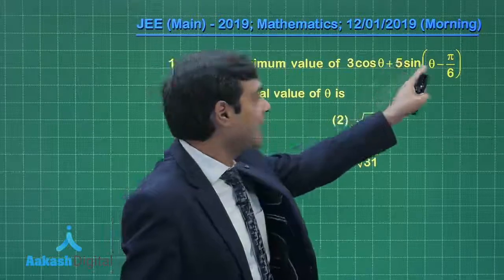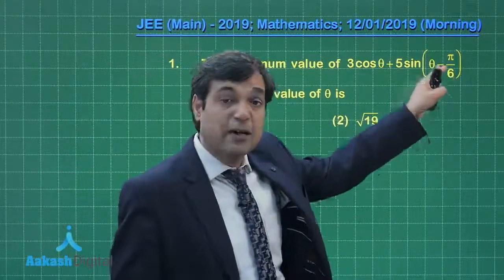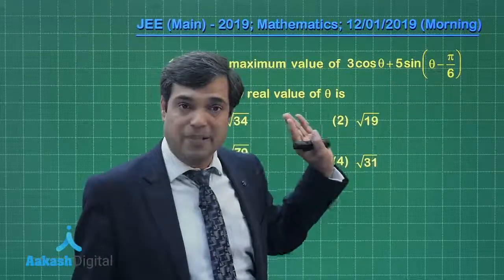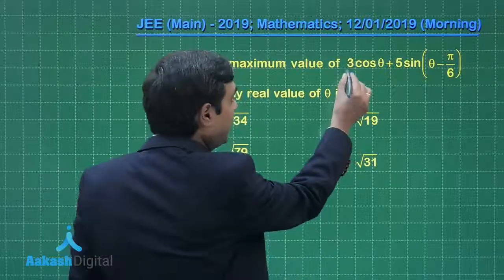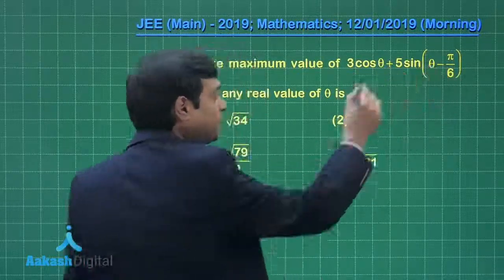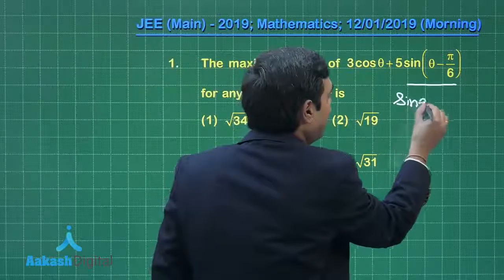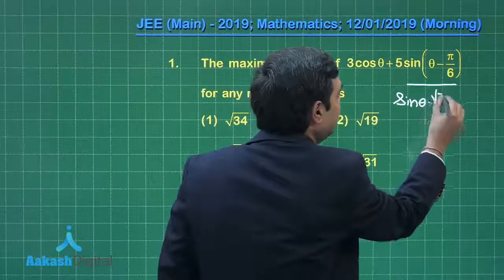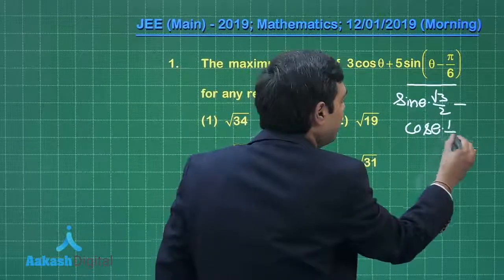When you expand sin(a minus b), you get sin theta cos pi by 6 minus cos theta sin pi by 6. On simplification, you observe this is cos theta multiplied with 3, and on expansion of this term you get sin theta into cos pi by 6, that is root 3 by 2, minus cos theta into half.